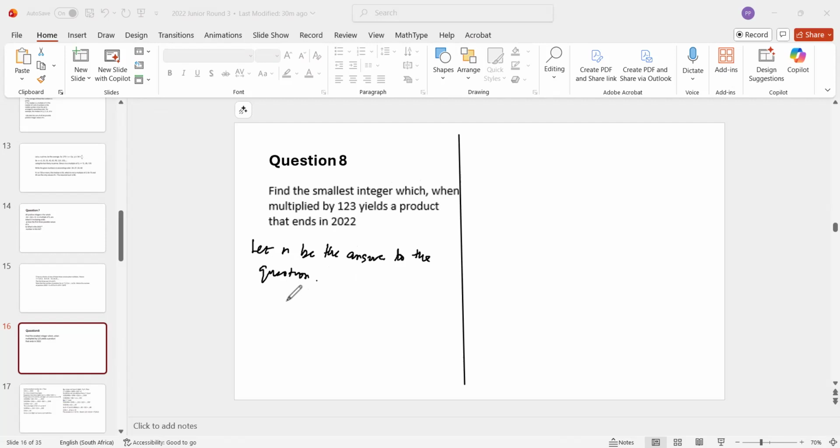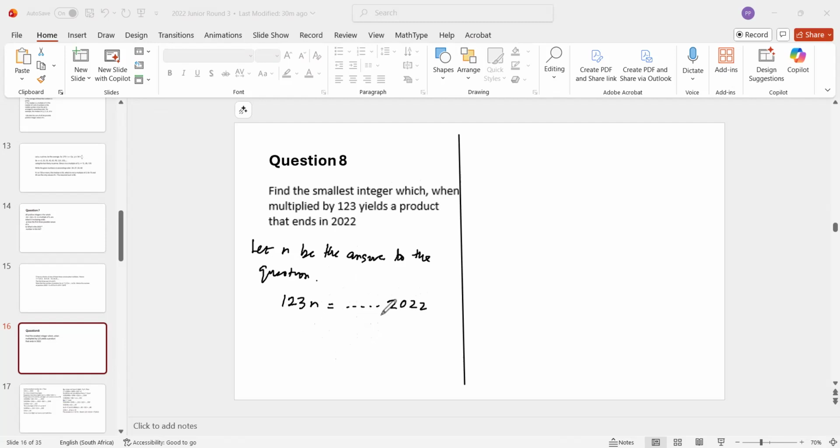N when multiplied by 123, 123 times n, it ends in 2022. This is quite a strange question. I must say, this is the first time I saw a question like this.